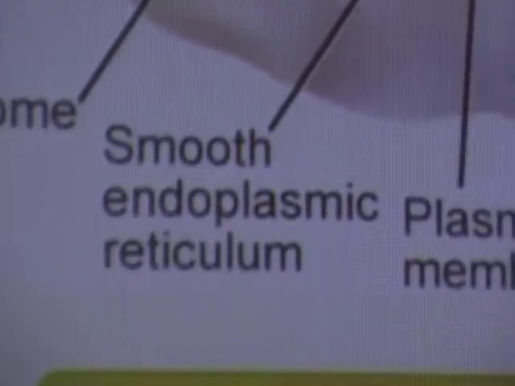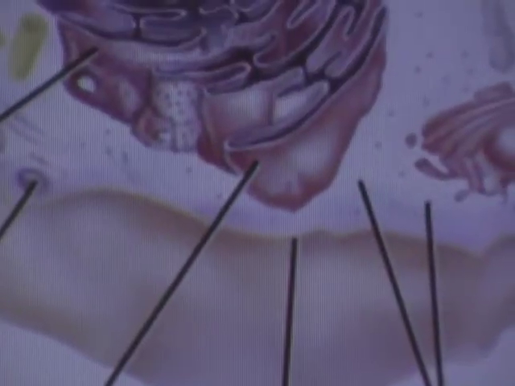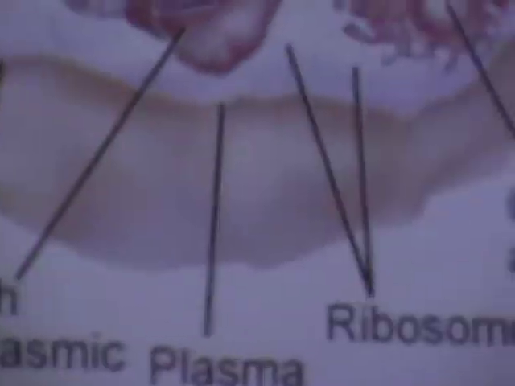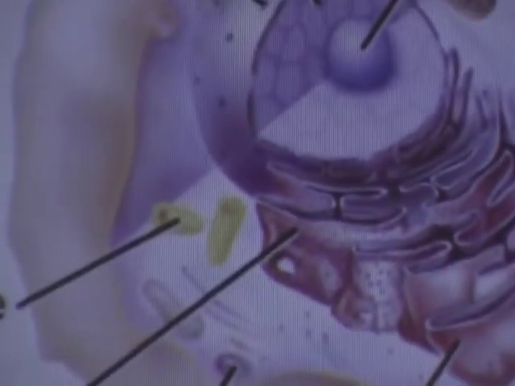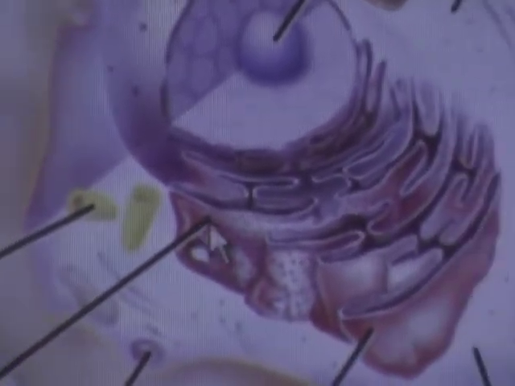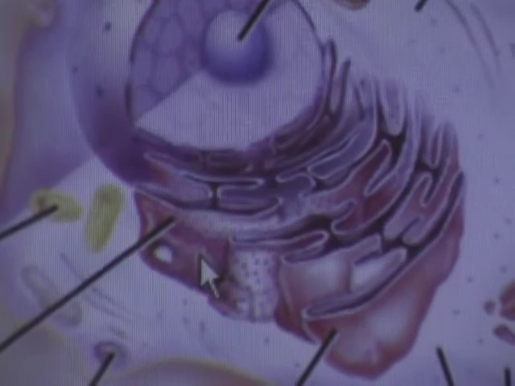Now these are big words. You're going to have to know them. Okay? The nucleolus makes ribosomes, and the ribosomes are often stuck to the endoplasmic reticulum. When you see ribosomes stuck to the endoplasmic reticulum, you call it rough endoplasmic reticulum. Doesn't it look rough?